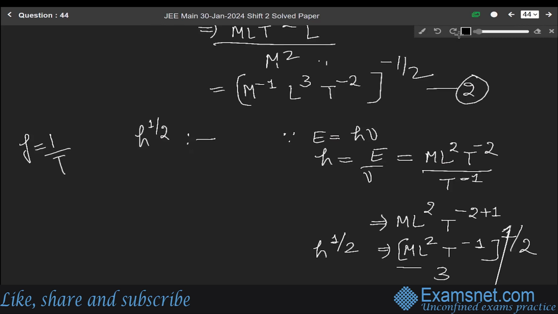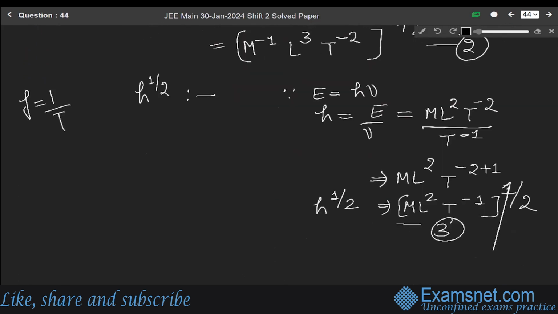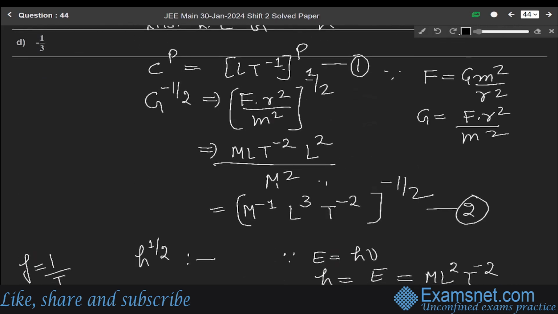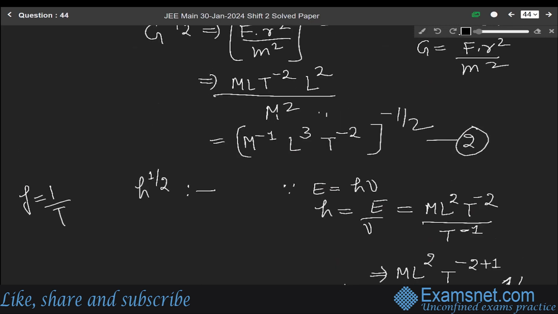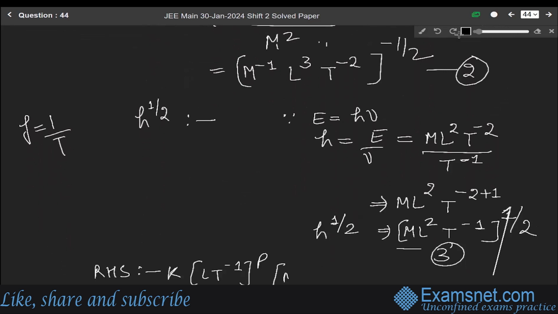Now putting equations 1, 2 and 3 all together, we get the RHS as: K is the constant, LT minus 1 whole power p, then M minus 1 L cubed T minus 2 raised to the power minus 1 by 2, and this third one, M L squared T minus 1 whole power 1 by 2.